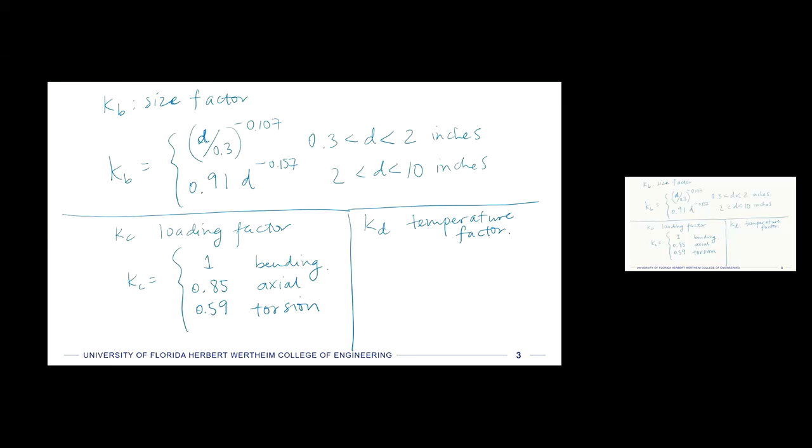So for temperatures about 400 C and below, it doesn't matter that much. So we can just say that there's no need to compensate for temperature. Just write that here, no need. But if temperature is greater than that, then we might see some of those effects.